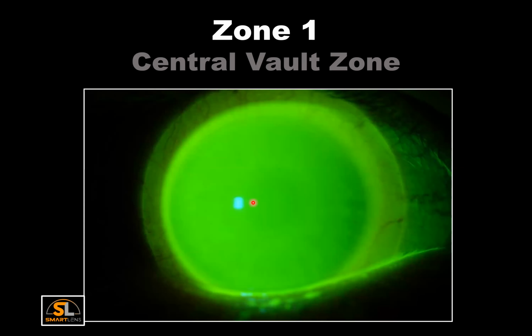First, zone 1 is the zone that should vault through the central cornea, should clear all the corneal tissue. If we have a keratoconic with diseased central corneal tissue, we don't want to agitate it by landing the lens on that surface. So creating a healthy vault is the goal of zone 1 or the central vault zone.